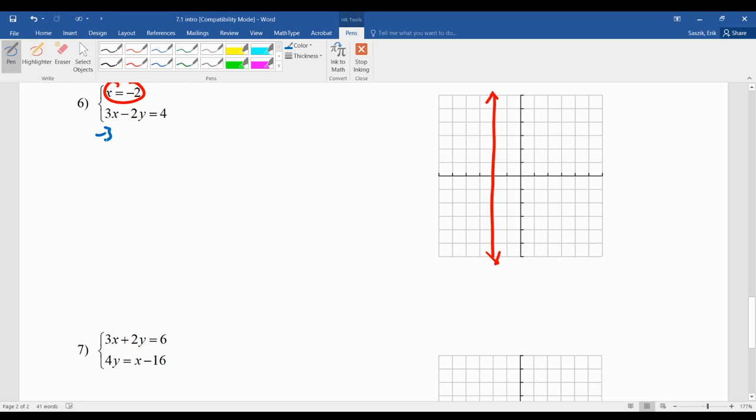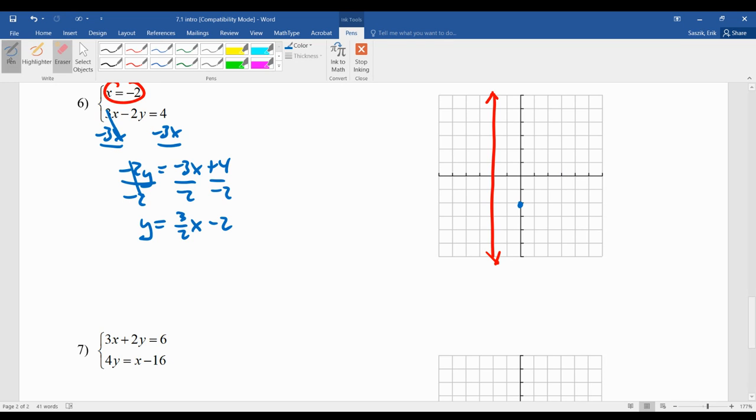I have to solve for y first. And you got to be careful with your negatives. See, the negatives cancel there. So there is my y-intercept. I have to go up 3 over 2. But that's taking me away from the red line. So now I'm going to go, whoops, I did that wrong.